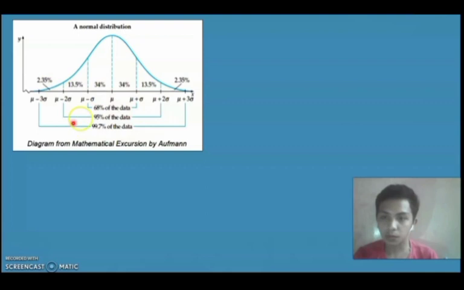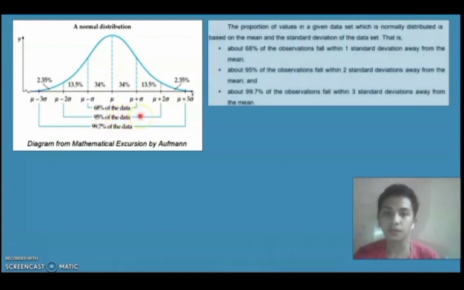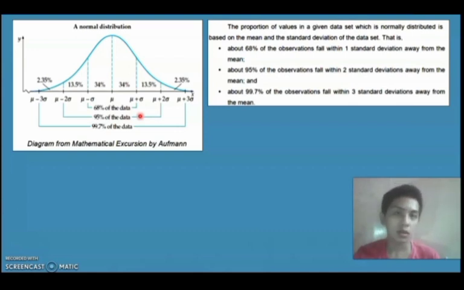And so if we add this 34% and 34%, you have 68%, which is the area of this, and here you have the percent of area of 95% of the data, and all of them is 99.7% of the data.